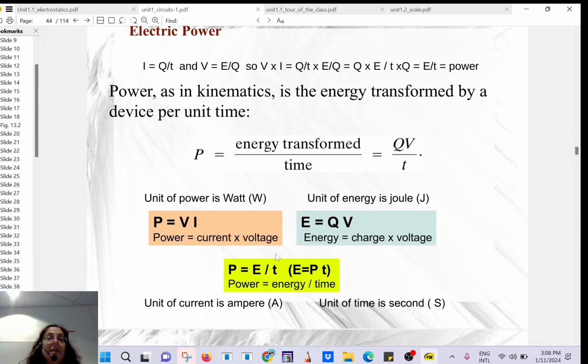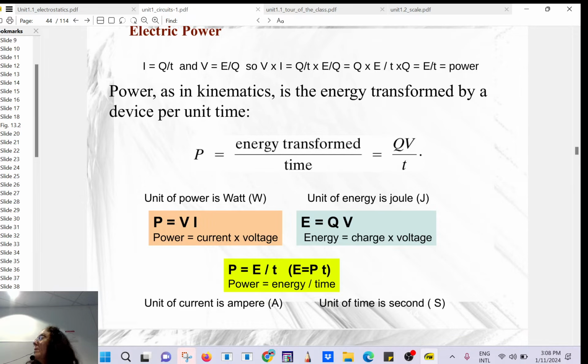Okay, so that's the electric power equation: you multiply the voltage drop by the current through the load. So the power consumed by a load equals the voltage drop across the load times the current going through it.